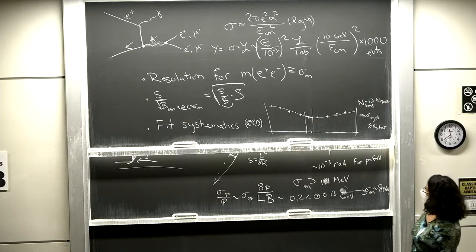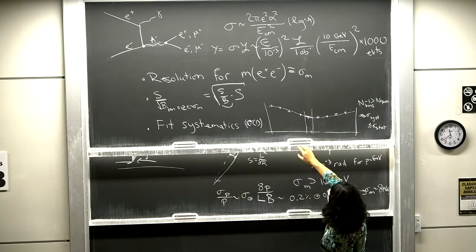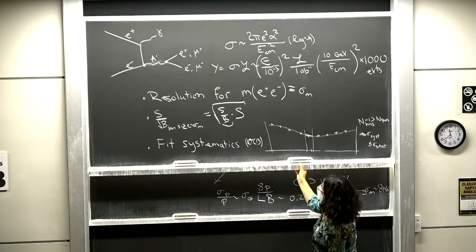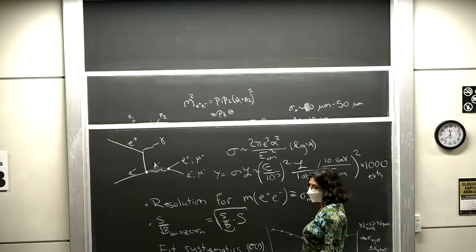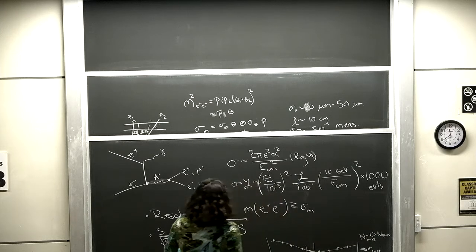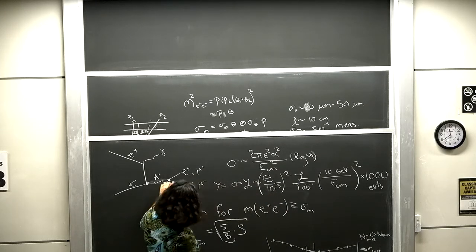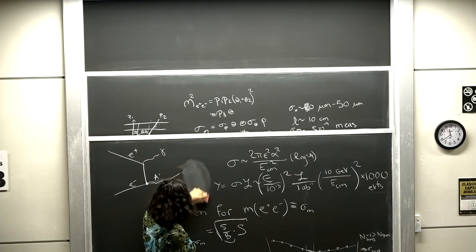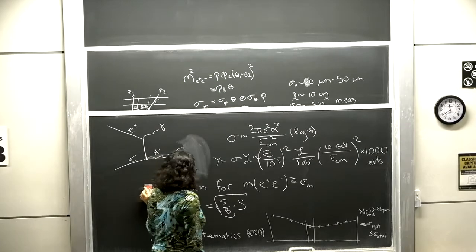All right, so I want to switch gears now to talk about a completely different signal, but I'll keep the same yield, which is what if we're in one of these light dark matter models, and the dark photon doesn't decay to e+ e- or mu+ mu- very much anymore.